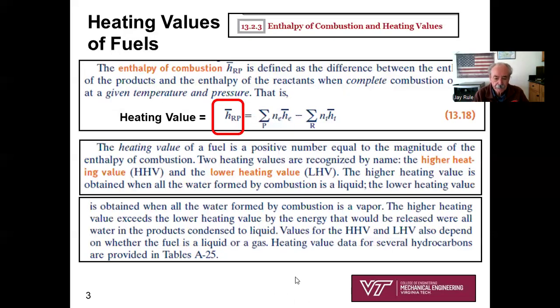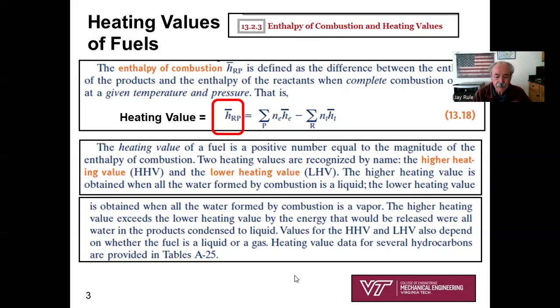Now I'm going to go to your textbook and just clip out the text from section 13.2.3 regarding enthalpy of combustion. And a synonym for the enthalpy of combustion is called the heating value, just the words heating value. And it's this H bar RP, reactants to products.